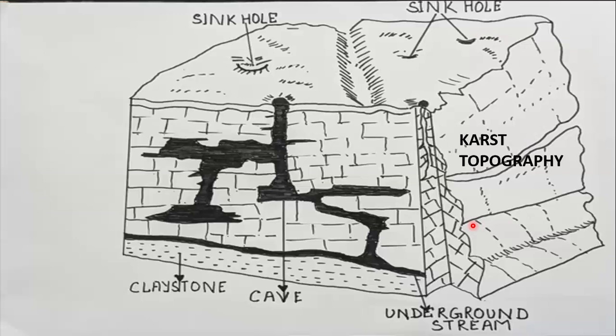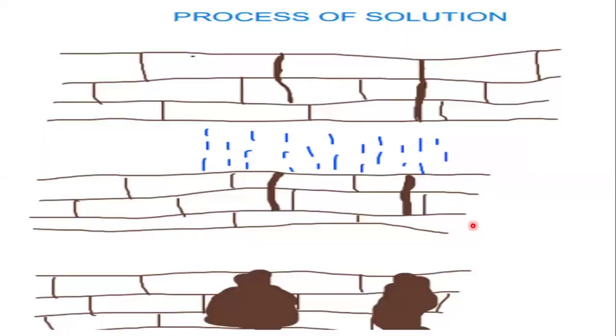There are two processes involved in the erosion of karst regions. These two processes are: number one, process of solution. In the regions where carbonate rocks are found, cracks develop in the carbonate rocks.